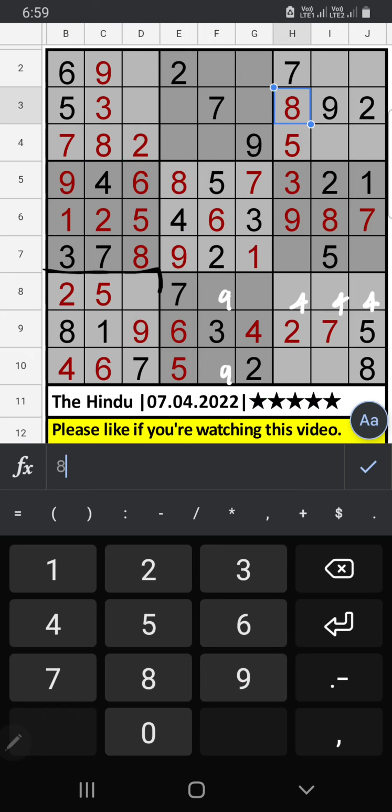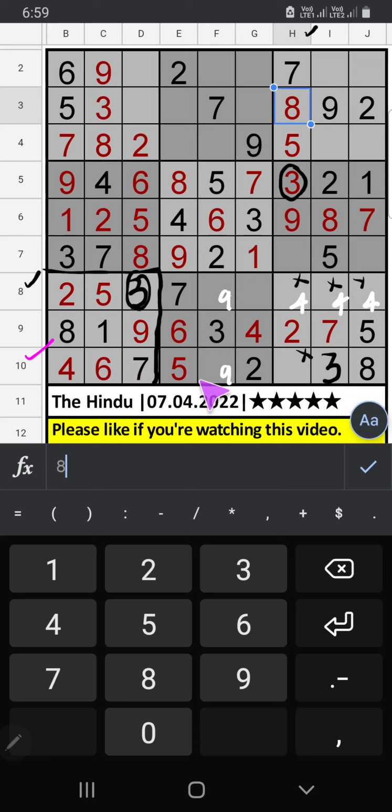Seventh grid, only 1 number is remaining, 3 is confirmed here. 8th row and column H, we have 3. So 3 can't come in these cells. Then 3 is confirmed here.